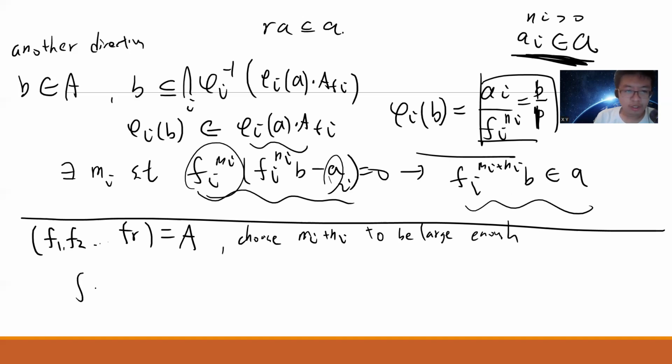So I get a unique n which is large enough such that for every i, f_i^n times b will be in A.